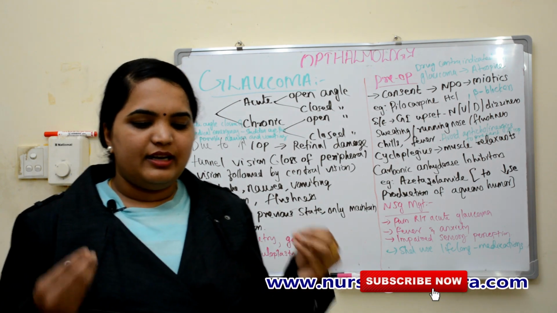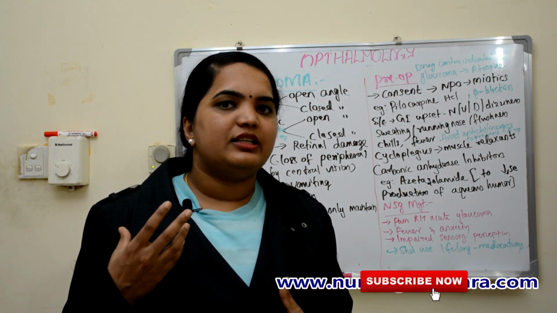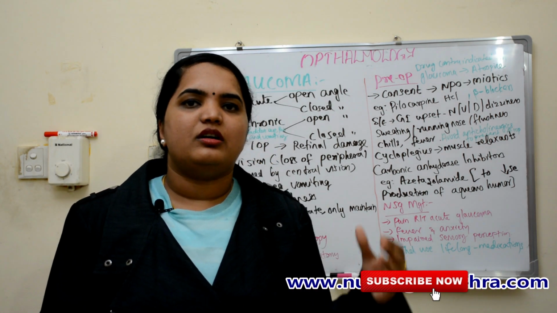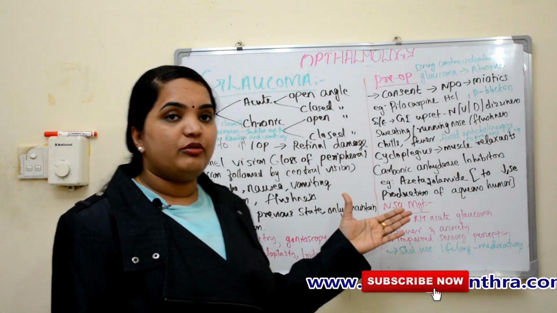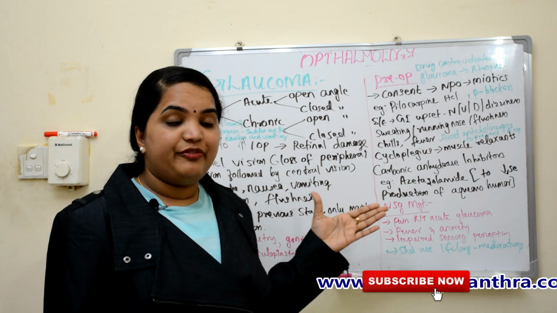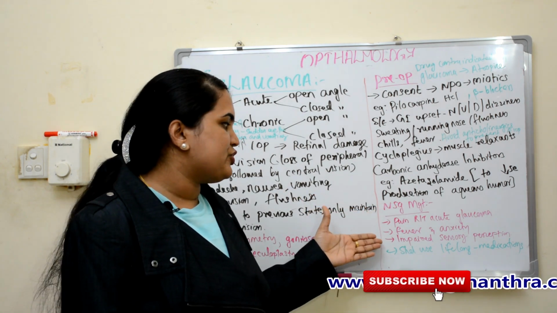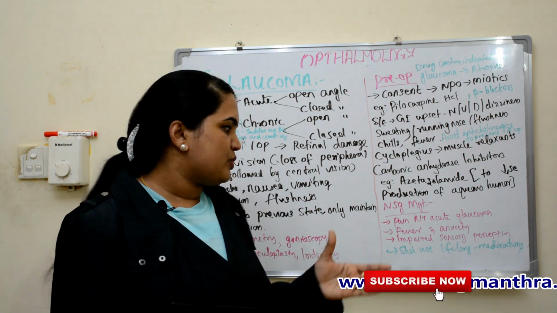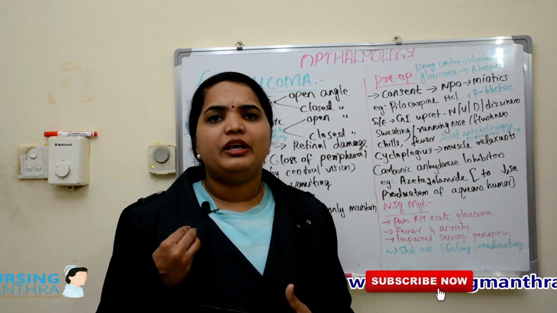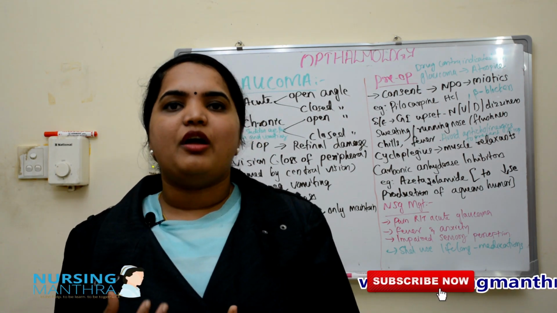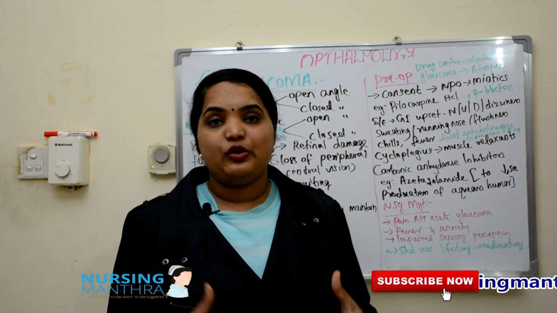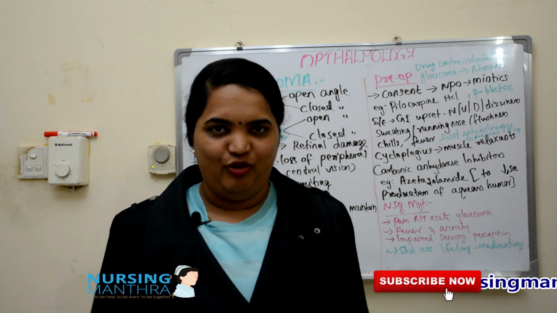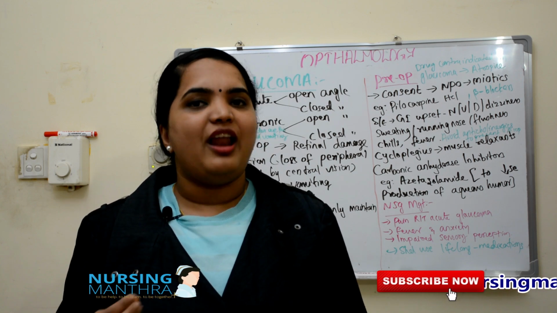In nursing management, the important thing is pain, pain related to acute glaucoma. Then there will be fear and anxiety related to the procedure, and impaired sensory perception. One important thing is that we have to inform the patient that the medications they are using for glaucoma are lifelong. They have to take the medication lifelong.